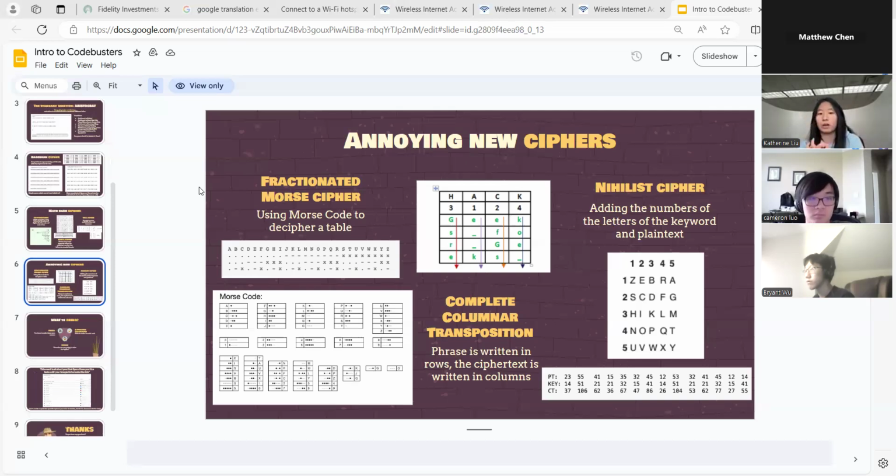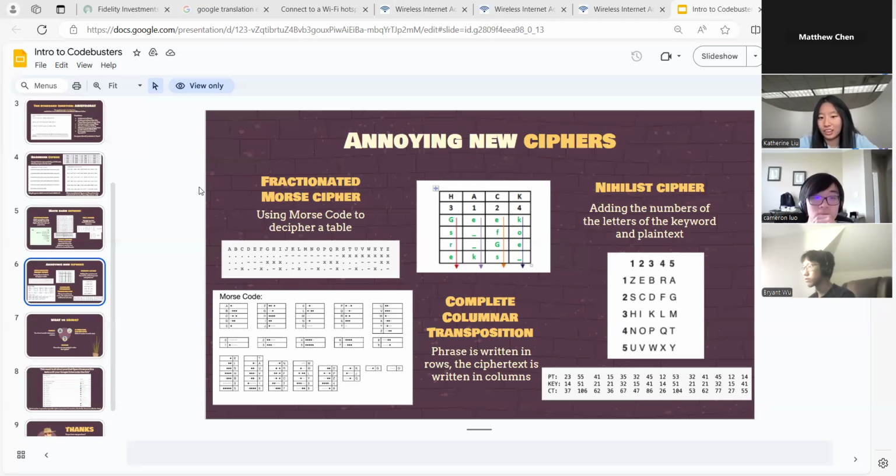So a fractionated Morse question is going to give you a sequence of letters, and each of those letters equates to a sequence of three symbols, and you'll have to figure out which letter correlates to which sequence of three symbols, and then from there you'll be able to translate the letters into the symbols of Morse, and then you write the Morse into words.